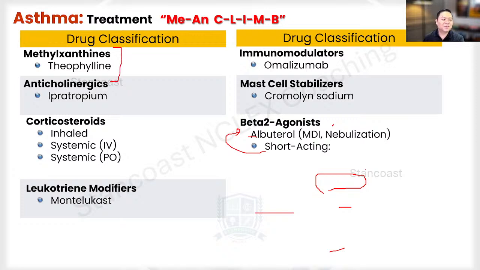Okay, so for the theophylline, this is again one of the oldest medications known to treat asthma. It's a known bronchodilator. The medication can be given either as IV or oral. Now take note here for the onset of action for the oral route. It will be 1 to 2 hours.